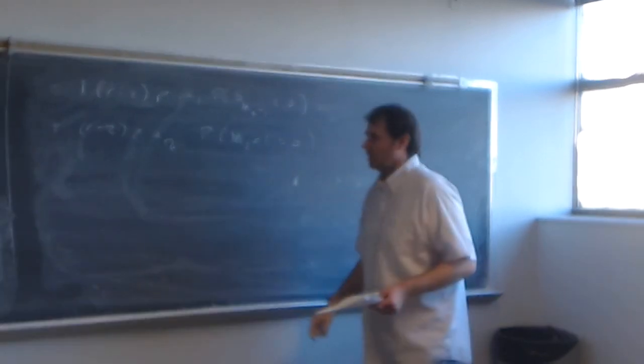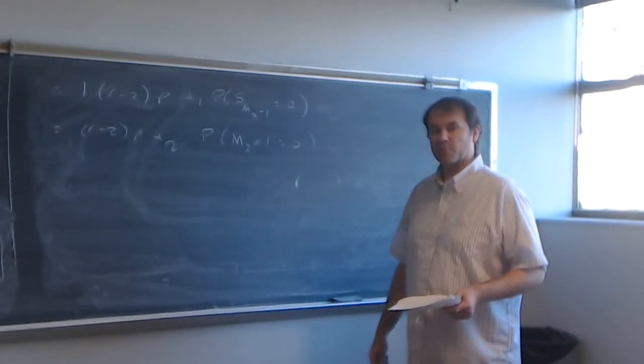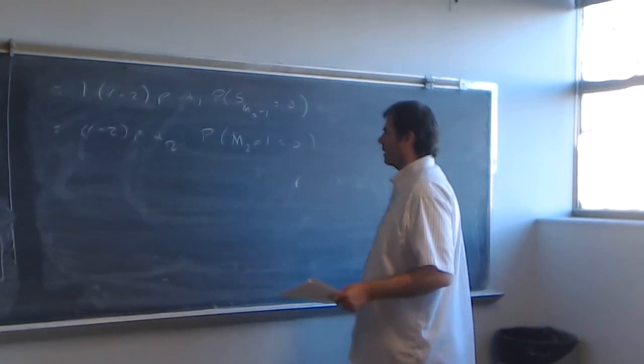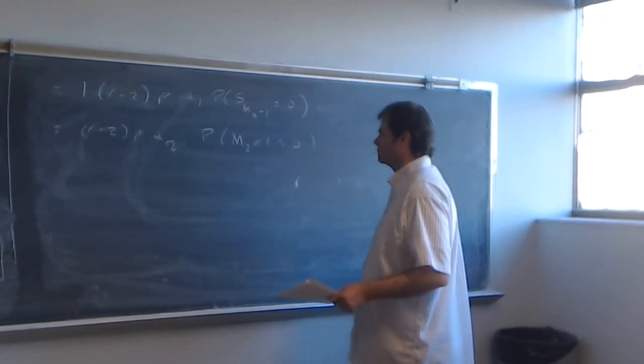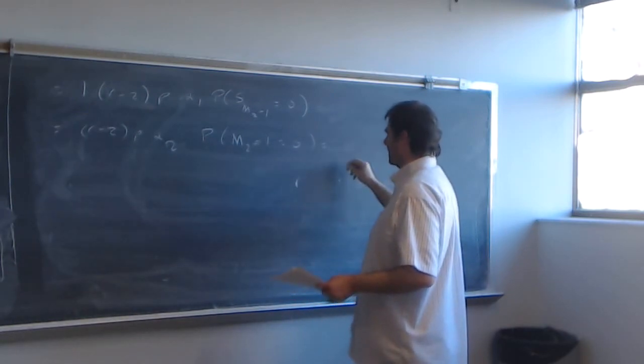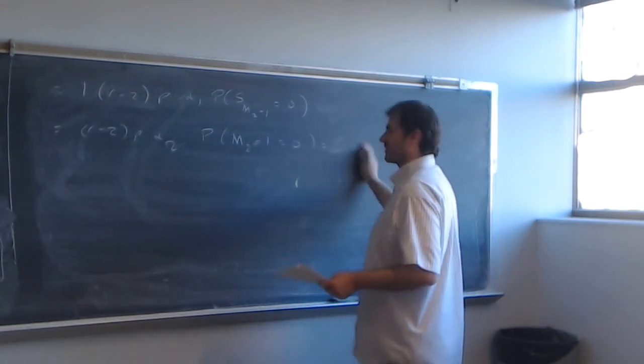Okay, so here, remember, M sub 1 minus 1 was binomial with parameters r minus 2 and p. So this is going to be binomial with parameters r minus 3 and p. So what I did here is 1 minus p to the r minus 3. So I forgot things.